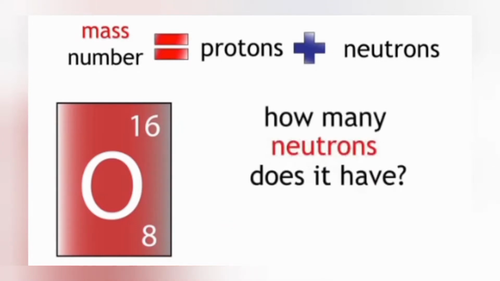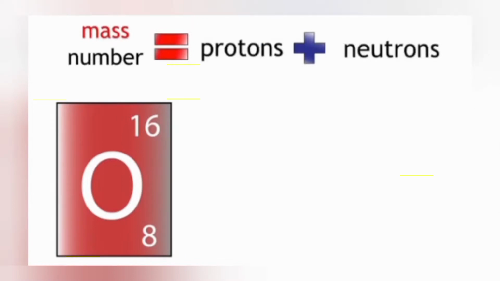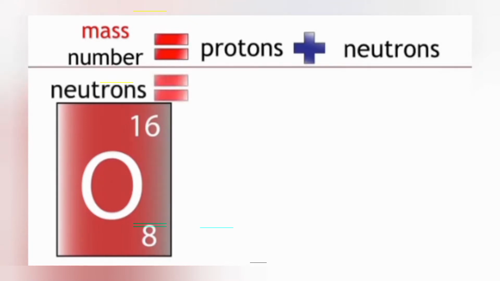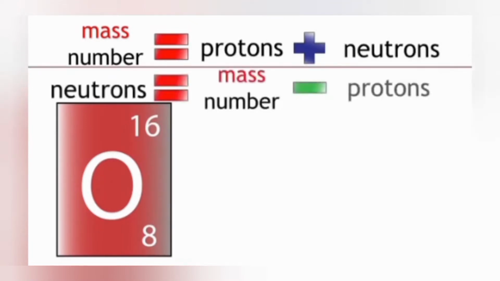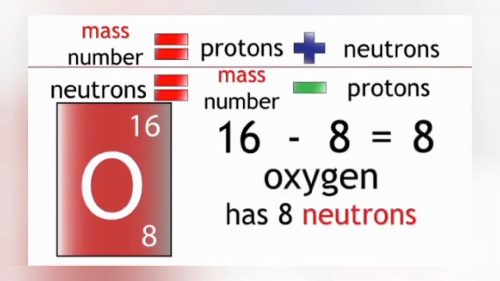But how many neutrons does it have? Remember, mass number equals protons plus neutrons. We can rearrange this to show that neutrons equals mass number minus protons. Neutrons equals 16 minus 8 equals 8. Oxygen therefore has 8 neutrons.